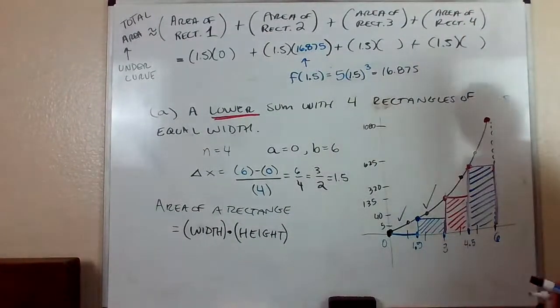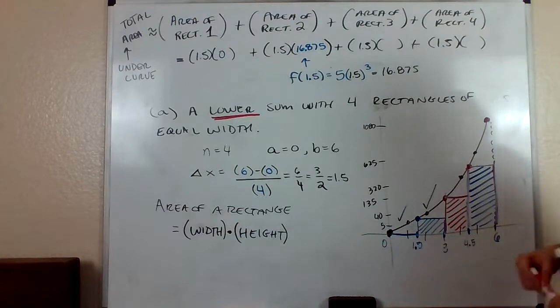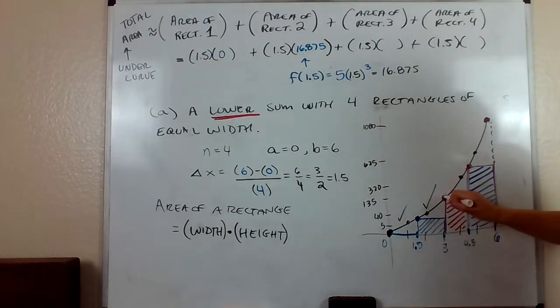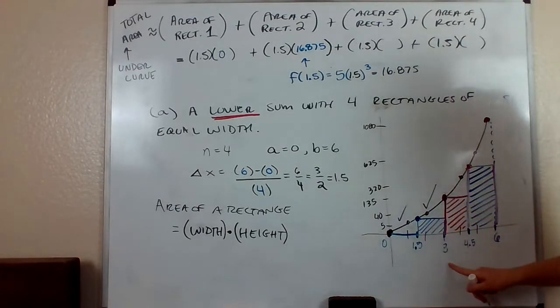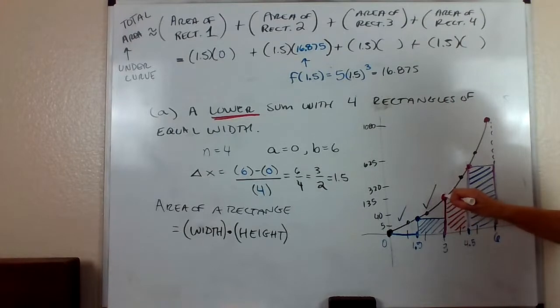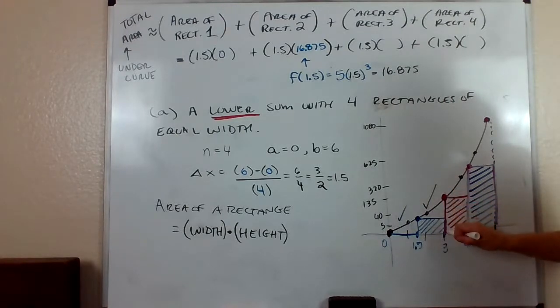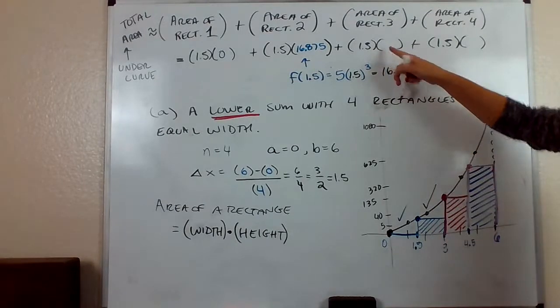Moving over here again. For rectangle 3, look at where the height was on rectangle 3. The height of rectangle 3 happened for an x value of 3. So technically there I would need f of 3.